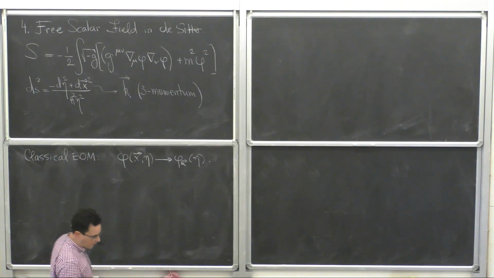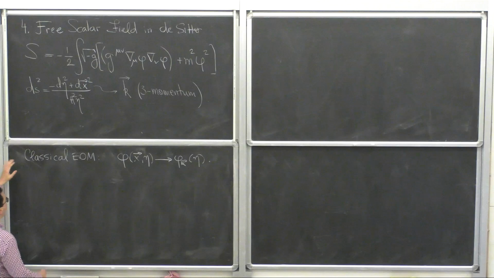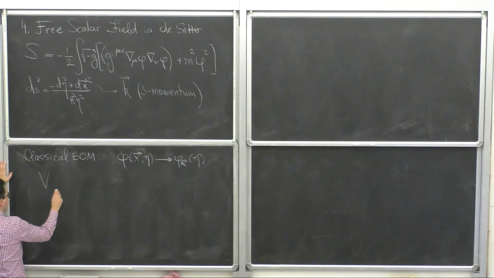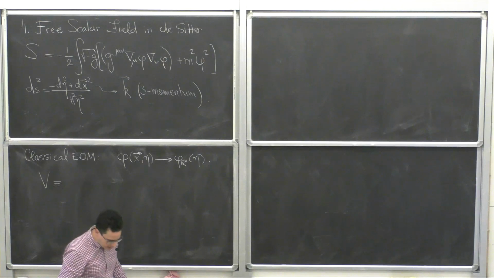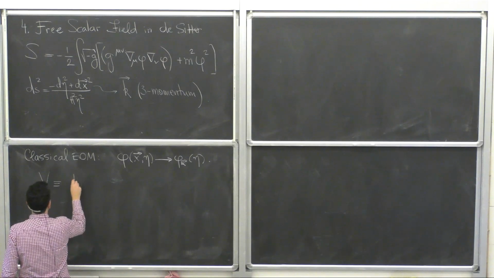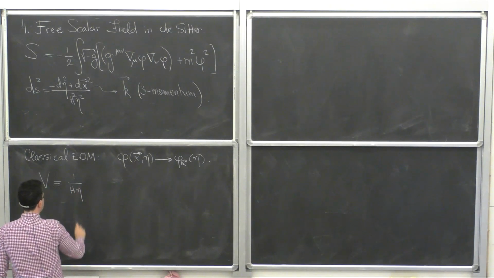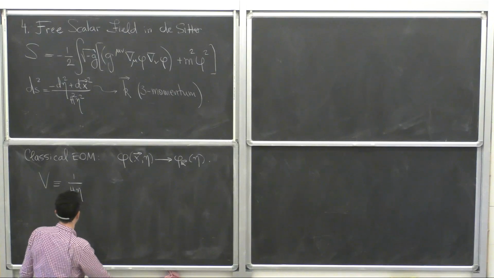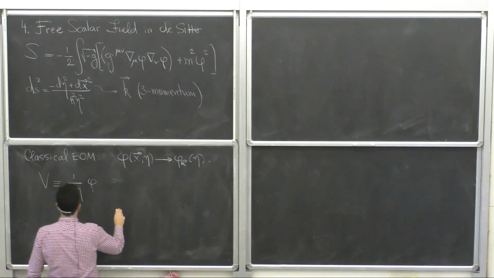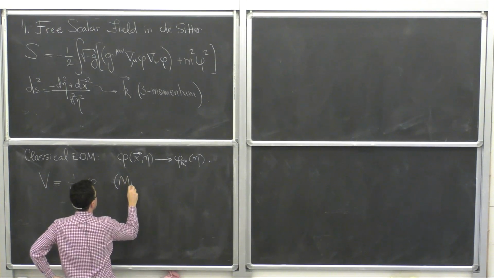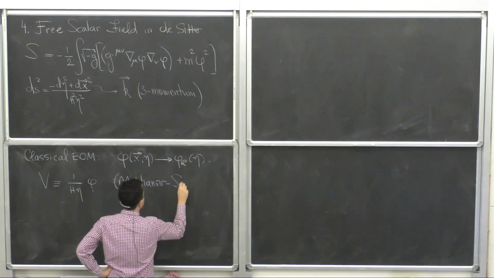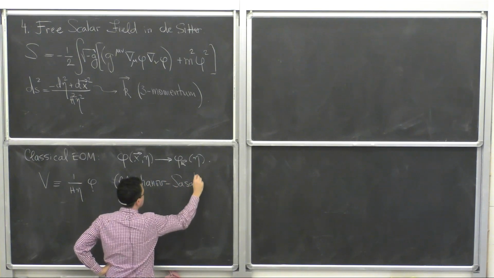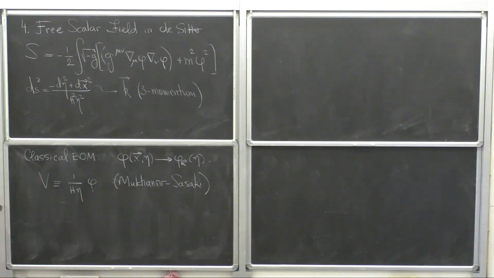So let me just canonically normalize to make the action look a bit more familiar. I'm just introducing some field redefinition. This is nothing deep, although it has a name. Or maybe let me mention the name because you might see it in the literature, but it's nothing fancy. This is called the Mukhanov-Sasaki variable.